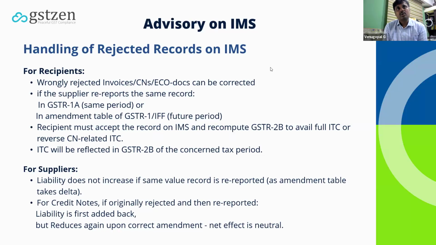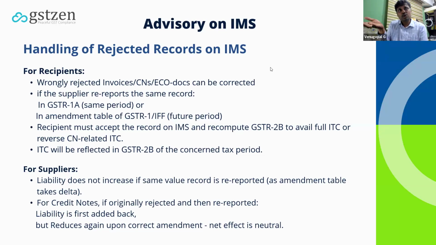All right. Now, like an invoice that is rejected goes back to the supplier, a credit note rejected will also go back to the supplier. Effect of an invoice: recipient credit will go up. Effect of a credit note: recipient credit will come down.